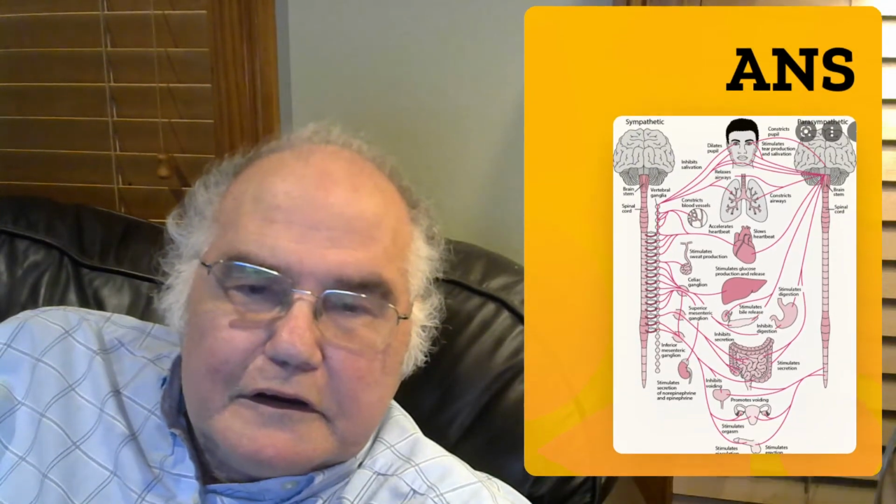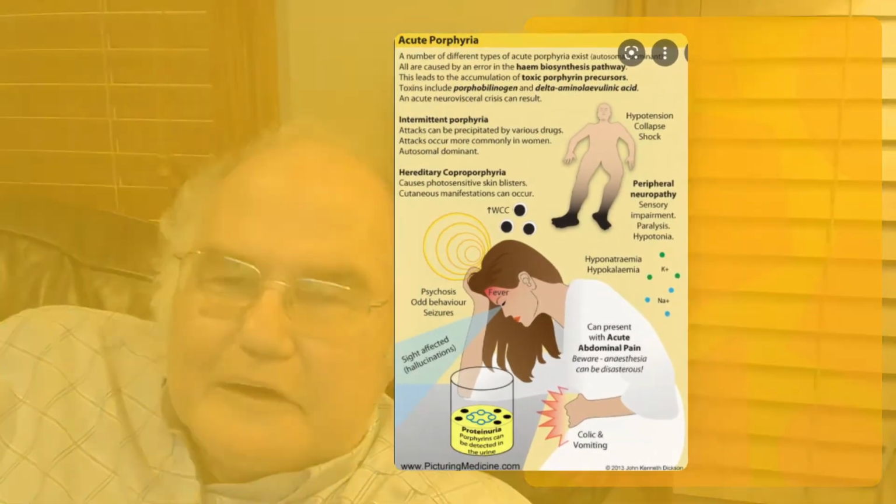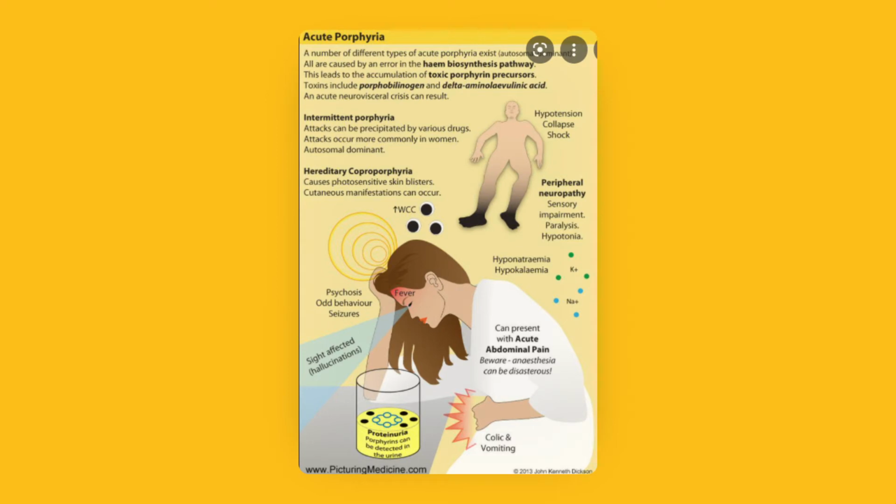And here is a slide showing the potential involvement of the psychiatric involvement, abdominal pains with normal exams, peripheral vision disturbances, nausea, vomiting. There can be hyponatremia, hypokalemia.